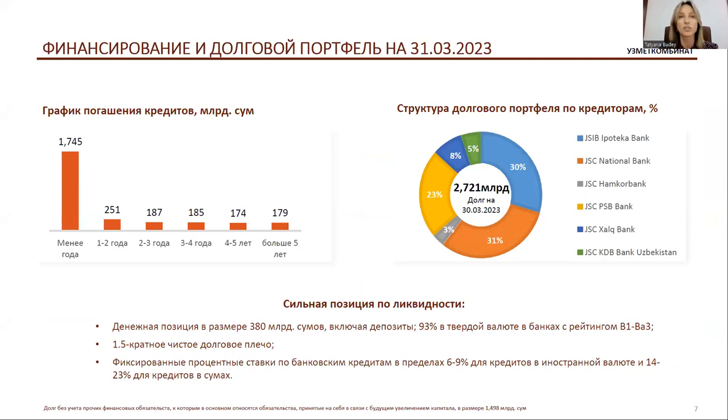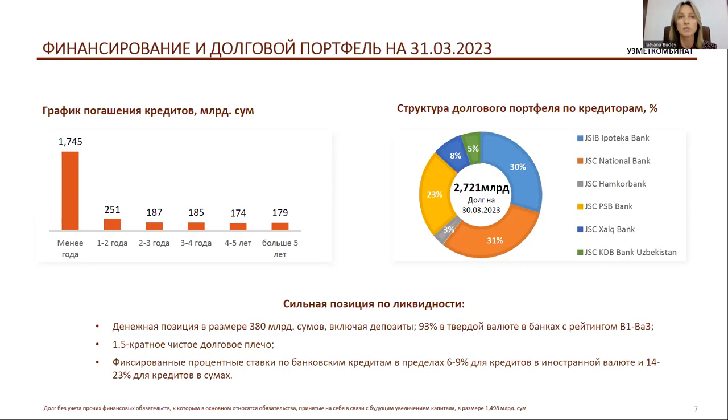Now, to continue the talk on our loans, page 7 shows our loan book, loan portfolio, and its amortization schedule. As at the end of Q1 2023, our debt was more than 80% up year on year, and this is a fully expected and planned event. This is driven by our continued investment into the construction of the cast and rolling complex. We keep paying for our debt at good rates.